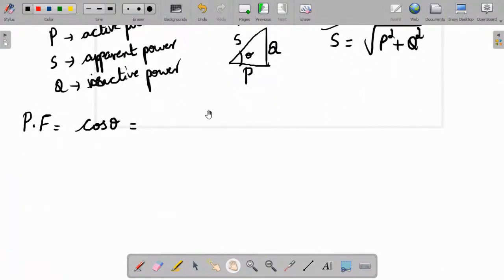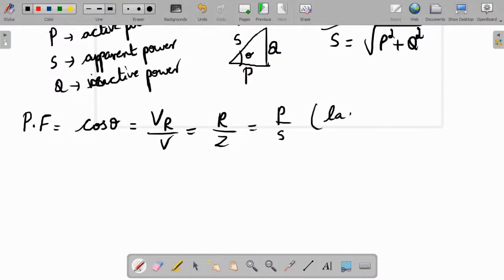Whatever data is given, from that we can find the power factor. Power factor is given by VR by V, which is equal to R by Z, which is equal to P by S. Overall, it will be a lagging power factor in a series RL circuit. Remember this as a one-liner: power factor is a lagging power factor.